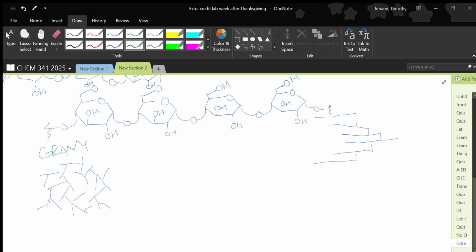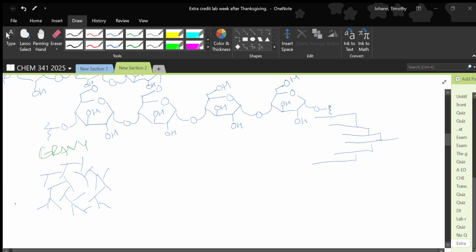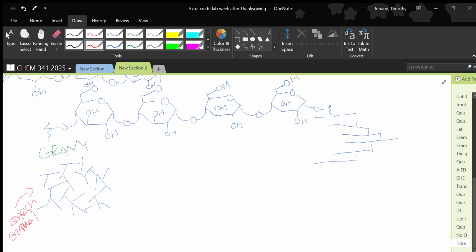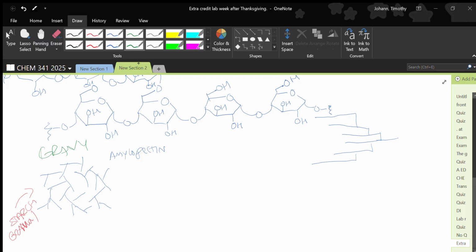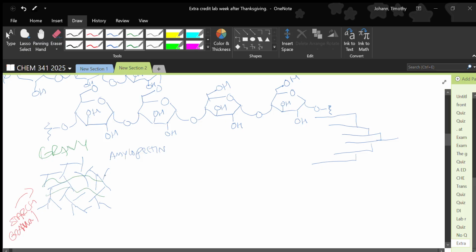So what you have is a starch particle, or a starch granule. It's going to look like this, where the blue is amylopectin, and let's say the green here is going to be amylose, kind of woven through it.